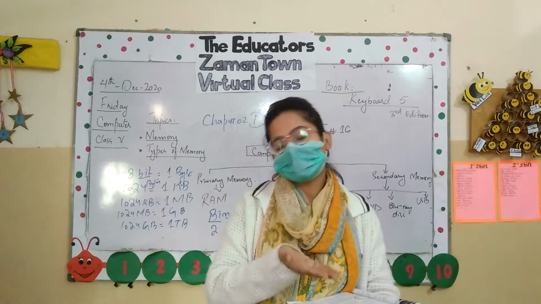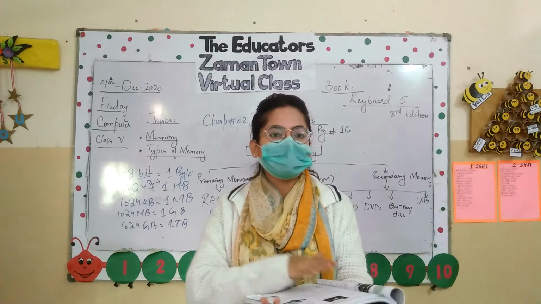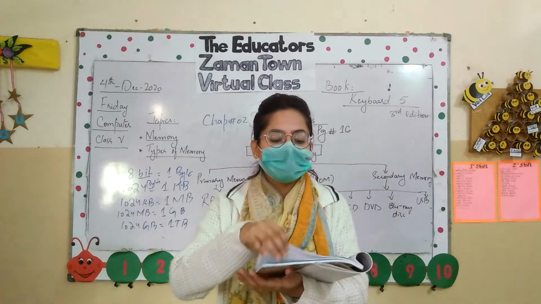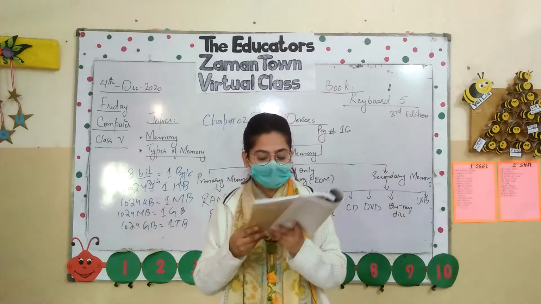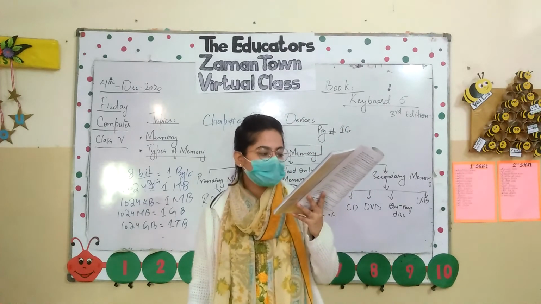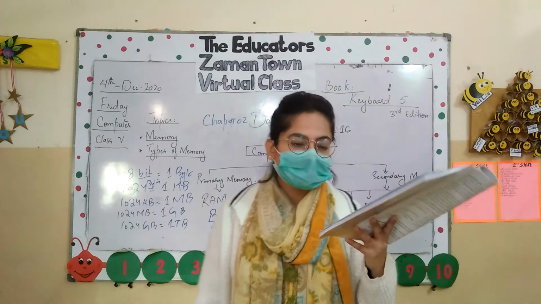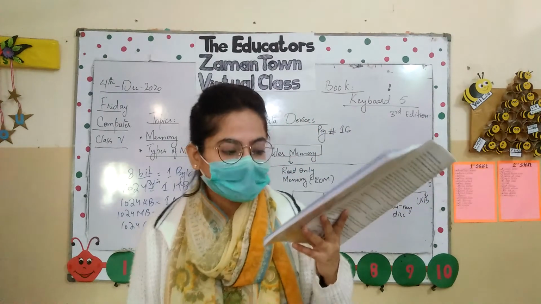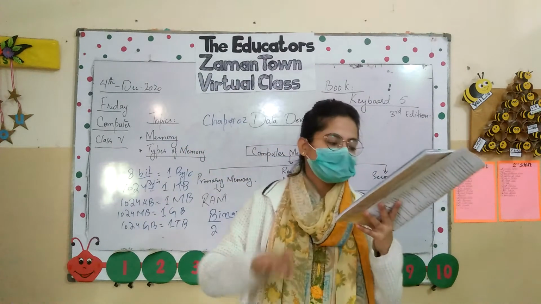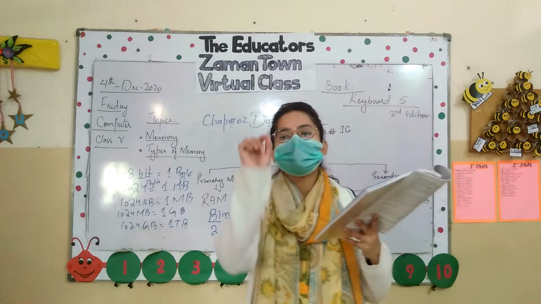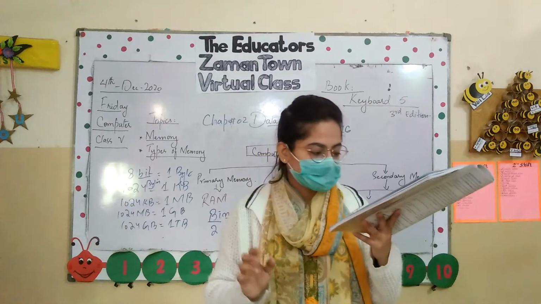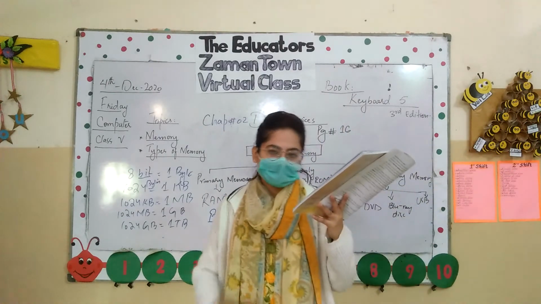We have different platters. Different disks are placed one on another, and these are known as platters. We have these metallic platters. These platters are coated, made up of magnetic material, and each platter has invisible circles on it, and these are called tracks.